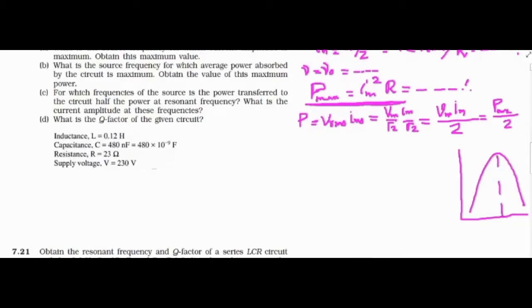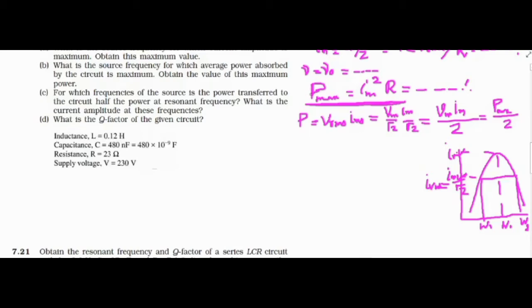We have omega naught, and this current is taken as I max. Here we have taken two frequencies, omega 1 and omega 2, for which the current is I max divided by root 2, the RMS current. Therefore, the power corresponding to IRMS will give half of the peak power.